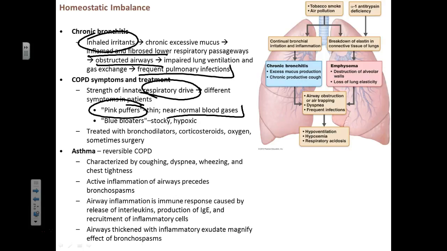They're usually thin, while the stocky patients, called blue bloaters, cannot maintain the normal respiratory drive and become hypoxic. Okay, treatment for COPD is supportive. There's no cure. Anti-inflammatory drugs, bronchodilators, oxygen tanks. You can see people walking around with oxygen tanks.